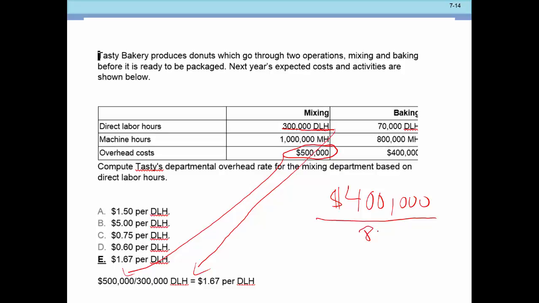But if we use 800,000 machine hours as our driver, now we have 50 cents per hour. Okay, the takeaway here is that we have multiple rates, or 2 rates anyway, by department.